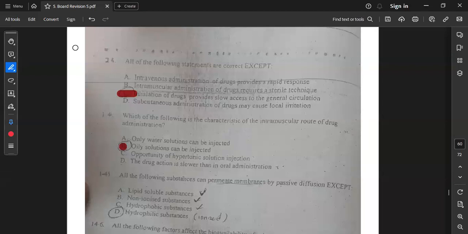Someone is saying that for A, water-based solutions are also administered and they are the most common for IM. Water-based for IM. I thought you need the oily ones. What can you say about that?